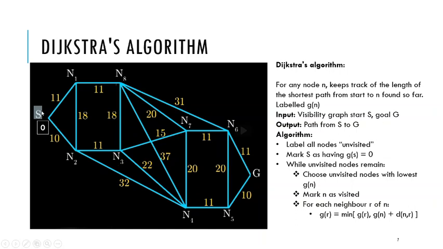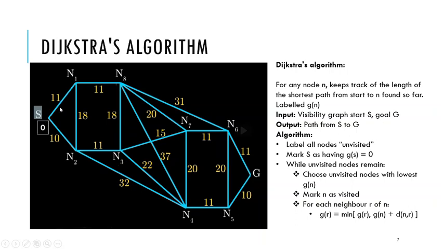Now I am going to look at all of its neighbors. Let's say one neighbor is node 1 and the other neighbor is node 2. The shortest path from start to node 1 is equal to the length of the path.